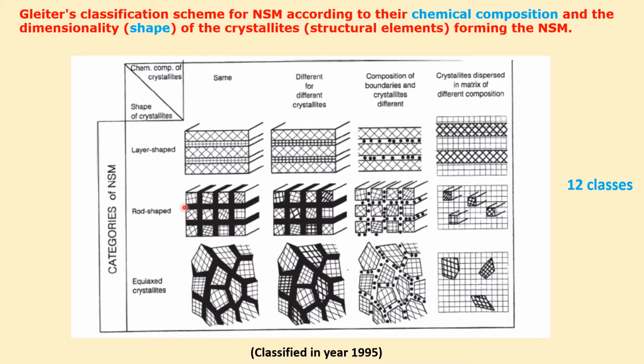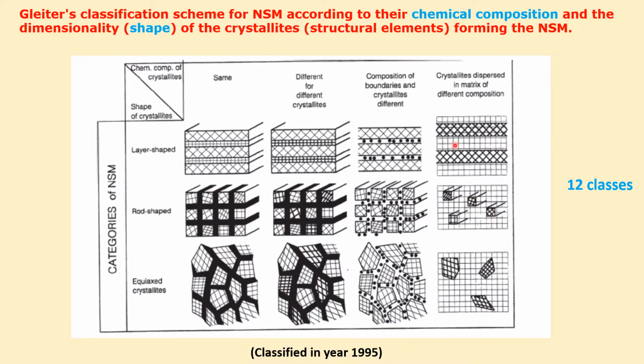Similarly, in the case of rods, the same material is there. Here are the rods, but we can see from these grains that their structure is different. Here, the rods have another structure as grain boundaries. These boundaries are different, and here these rods are dispersed in another kind of matrix.